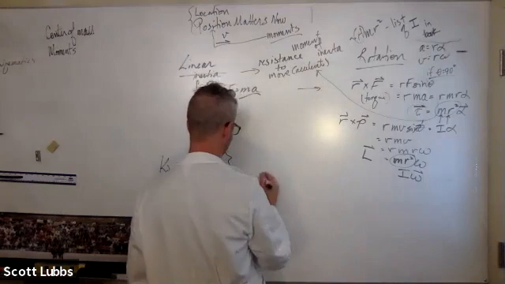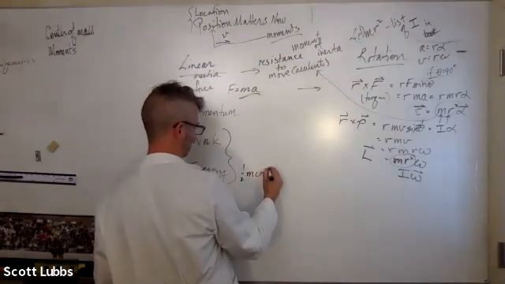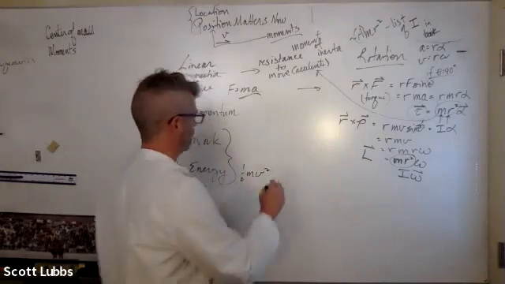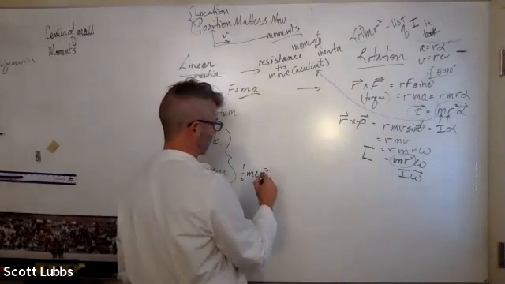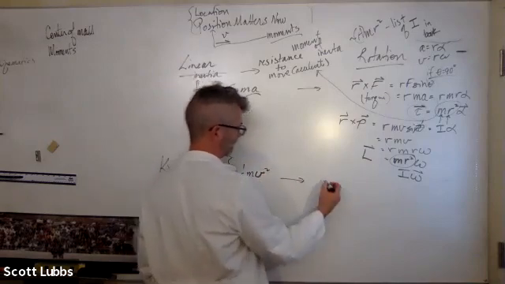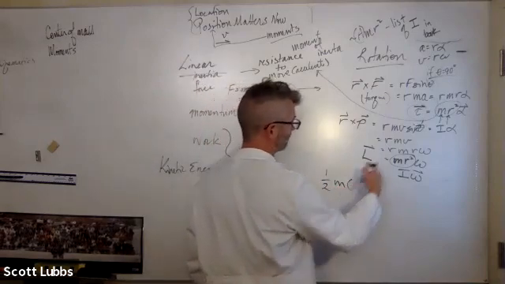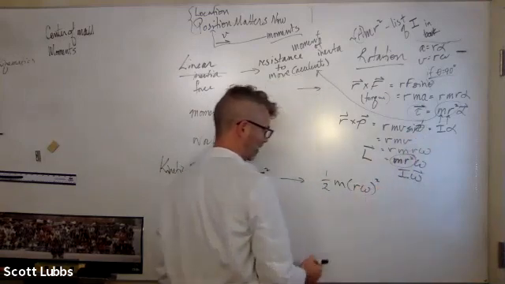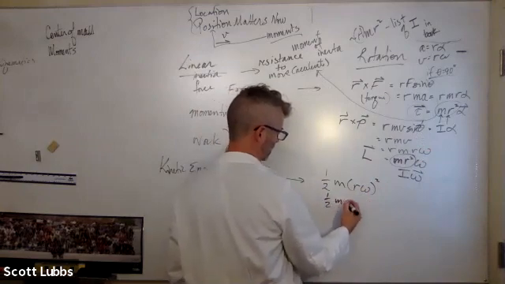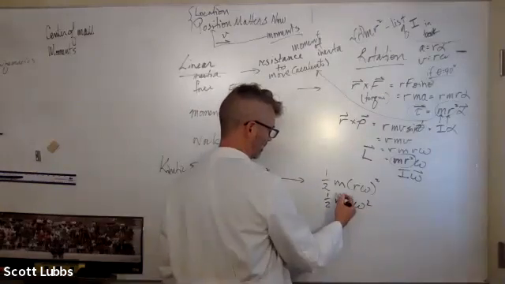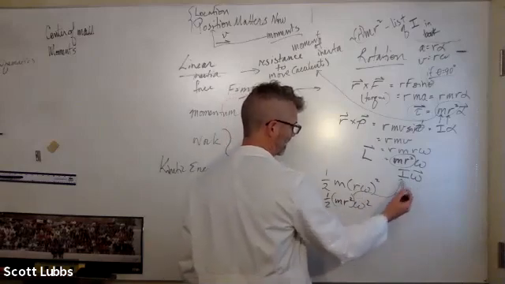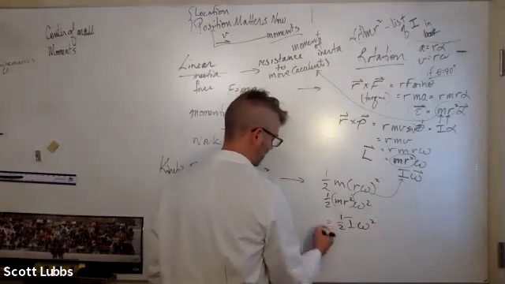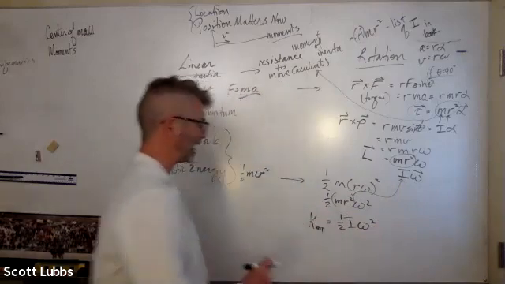And then kinetic energy, this is 1/2 mv squared. But my thing is rotating. That turns into 1/2 m, v is r omega squared, which then turns into 1/2 m r squared omega squared. There is that I again. 1/2 I omega squared is rotational kinetic energy.